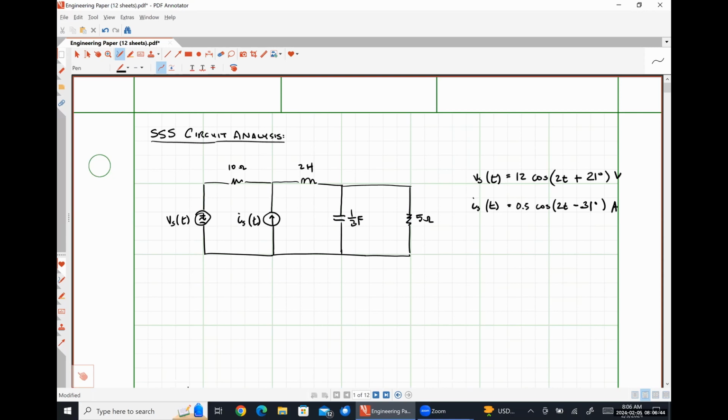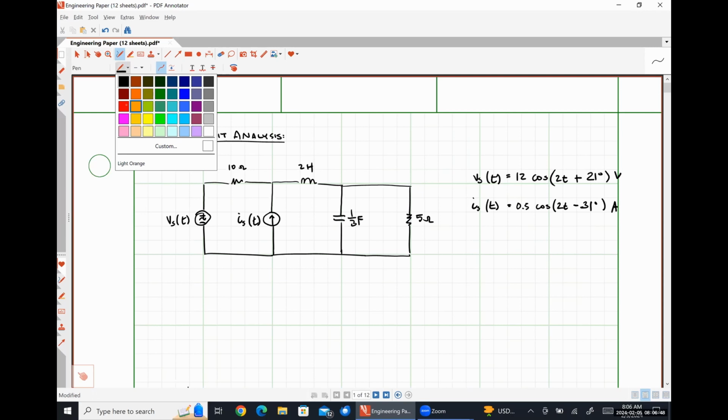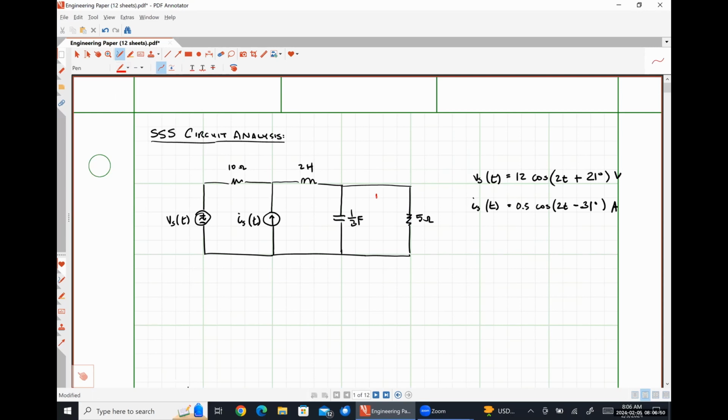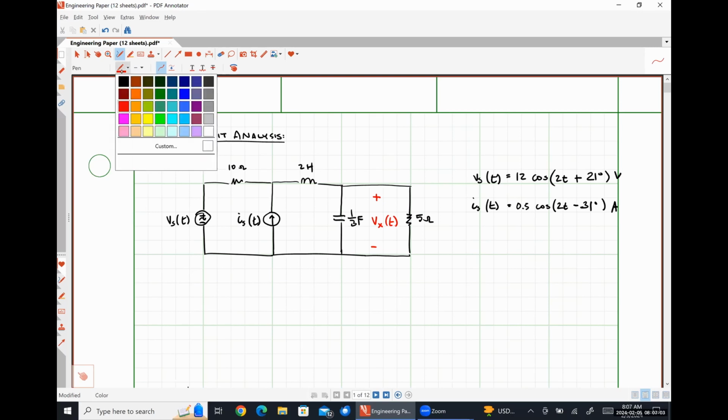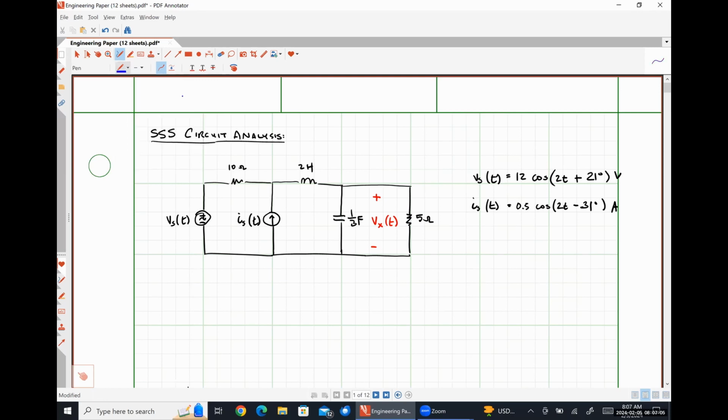And let's see, I want us to find this voltage and this current.